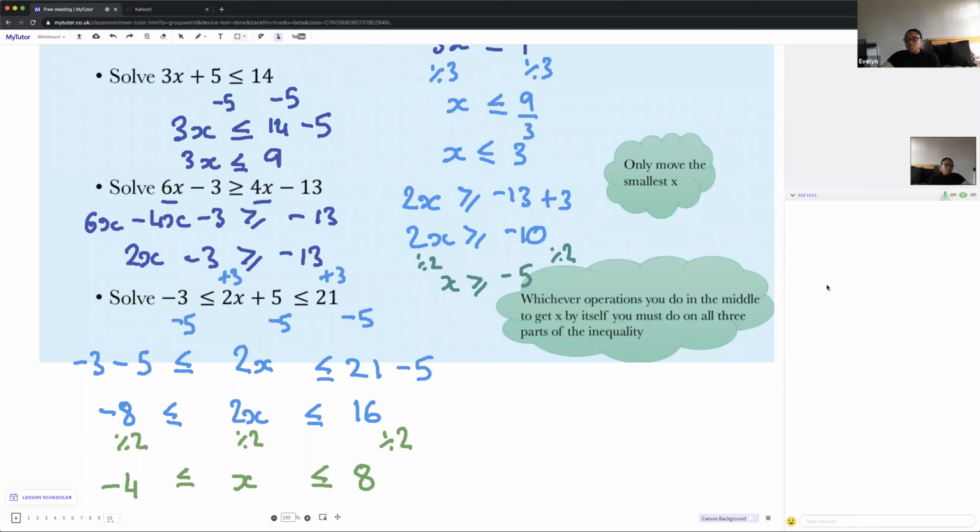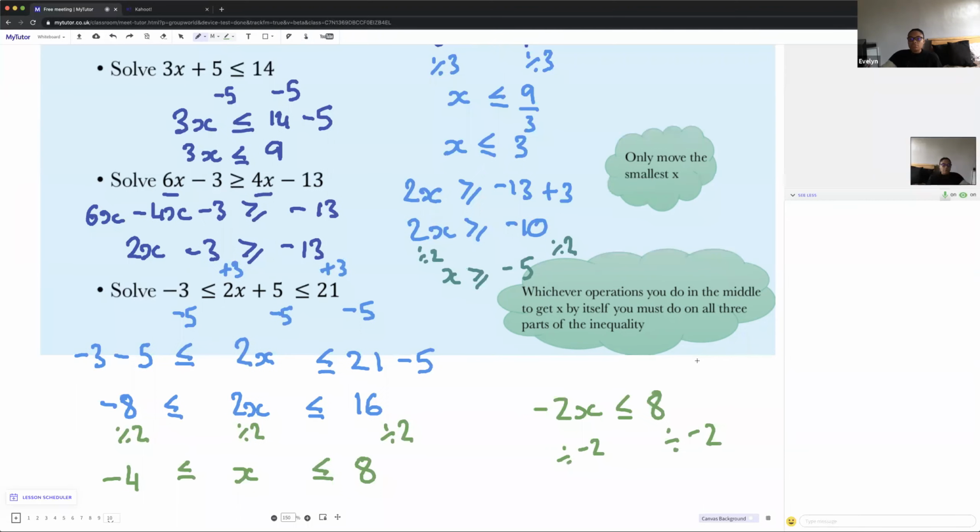Would the signs ever change? The signs might change if you're dividing by a negative number. I'll give you an example. Let's say you had something like minus 2x is smaller than or equal to 8. I'm going to have to divide by -2. Oops, getting this wrong now. Divide by -2.